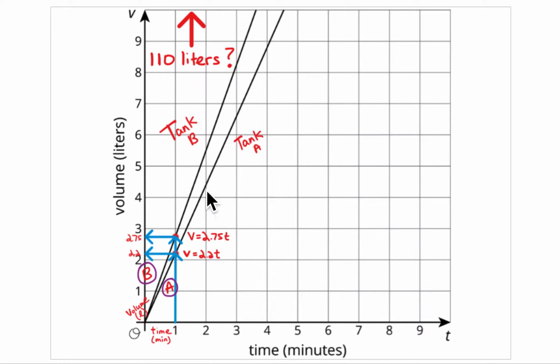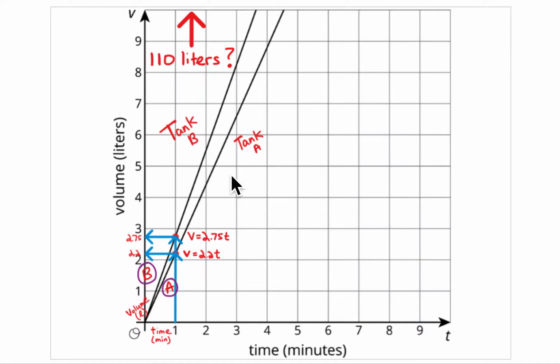So if you go out a certain unit of time, no matter what that unit is, it will fill the same amount for each of those units. So go out 1 unit in time, that's 1 minute, it fills this amount, whatever that might be. Go out another minute, it fills this amount.